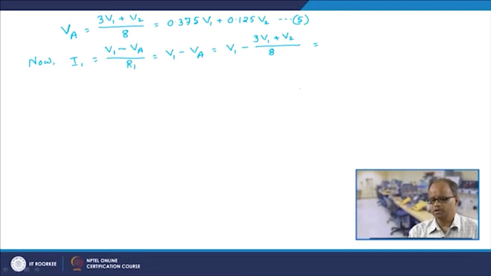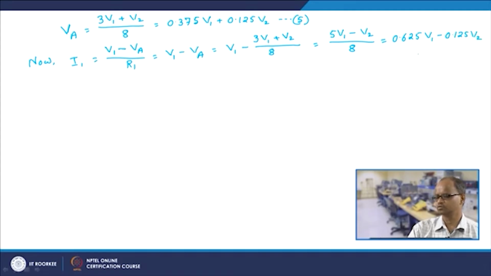So, it is (5 V1 minus V2) by 8, so it would be 0.625 V1 minus 0.125 V2. So, this is equation 6.